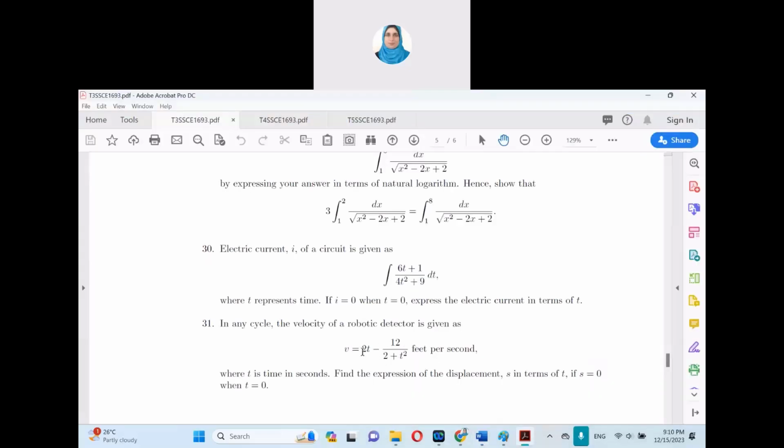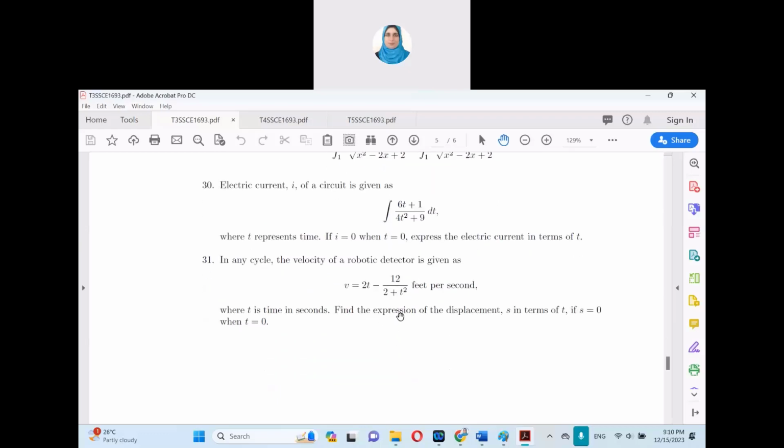I think it is not difficult to integrate, because 2t is a power function, and 12 over (2 + t²) is tan inverse. So this is easy to integrate. This is just to show the integration, but in test 2 there's no application like velocity or displacement and so on.